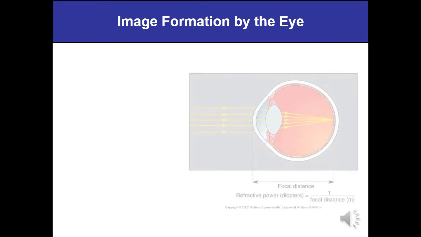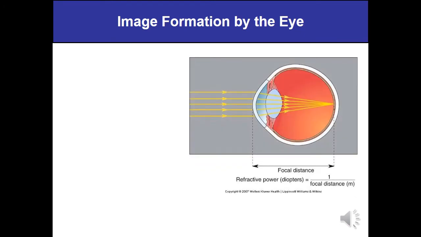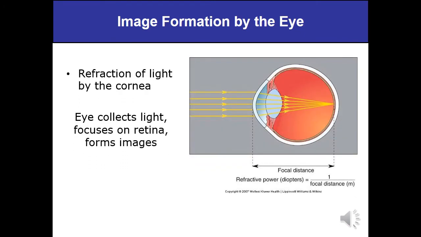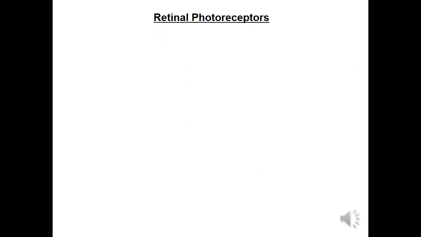Image formation by the eye is a very simple process. You can see here a cross section of the eye, where the eye collects the light and focuses it on the retina. Therefore, image formation is done. Now the retinal photoreceptors.